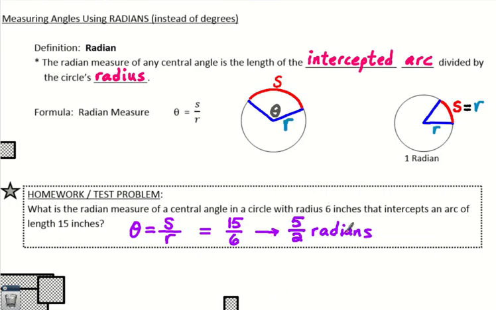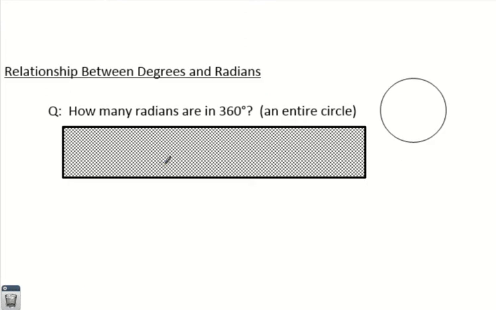So anyway, it's 5/2 radians, or 2.5 radians would be fine. It's equivalent.